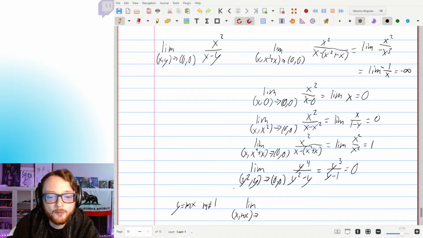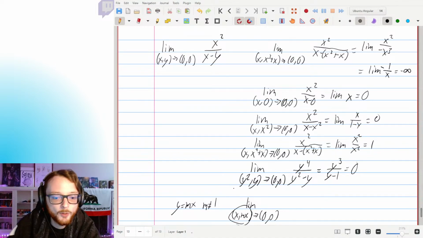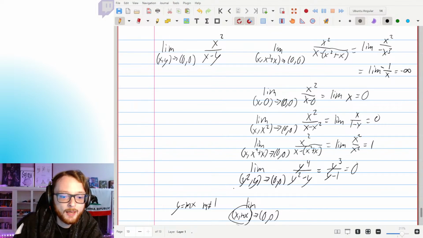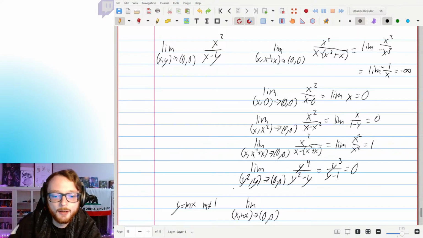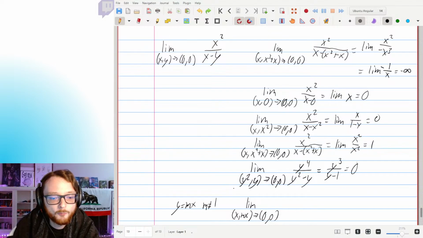Now, all this does is prove that no line will get you what you want, besides maybe x equals 0, which this doesn't check for. But it's kind of cool that you can check every one of your cases in one go. If we did this sub, it's x squared over x minus mx.